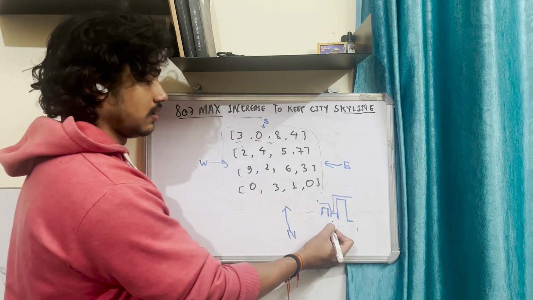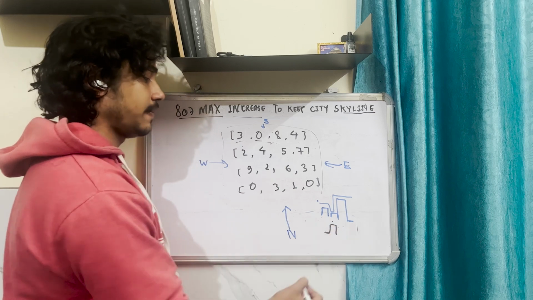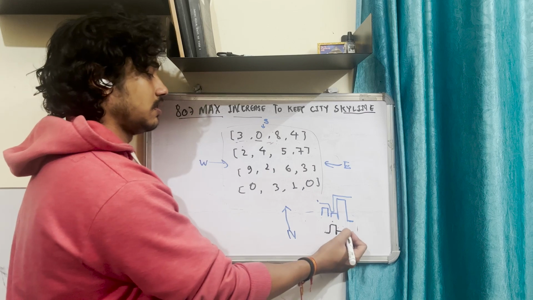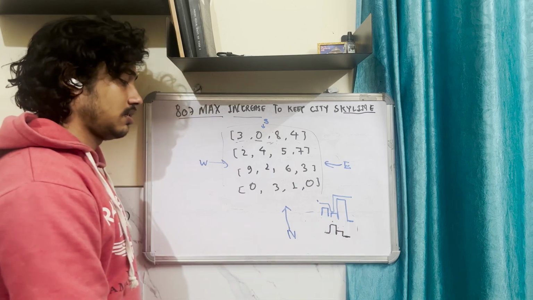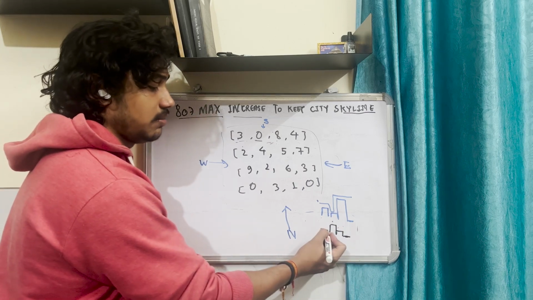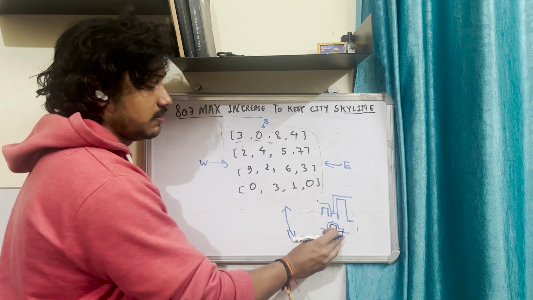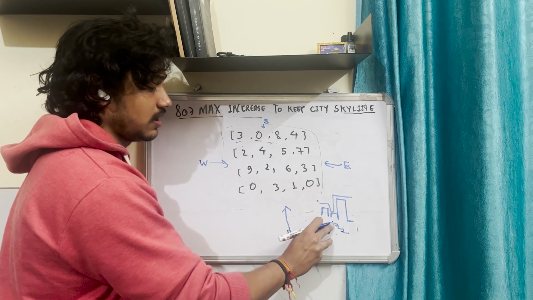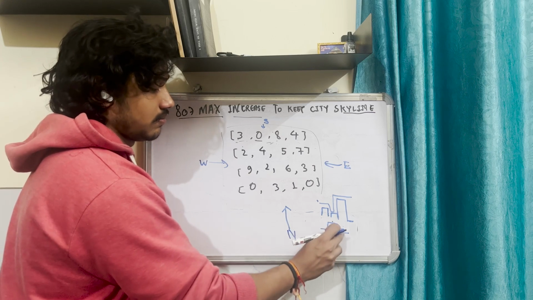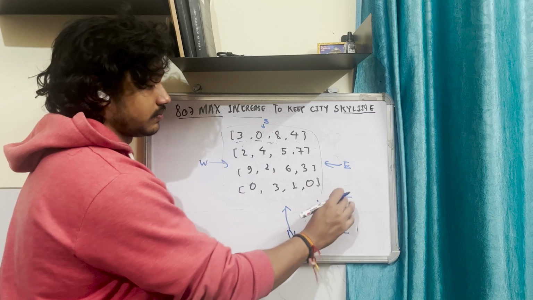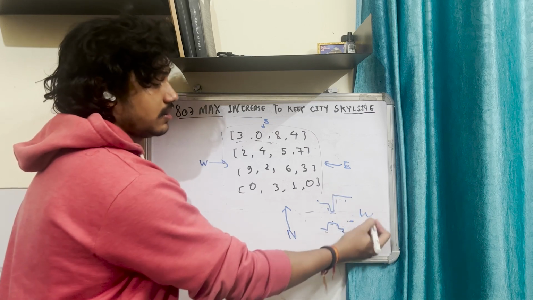Nothing. 3 will be high, and 1 which can be this much, and 0 which is nothing. So your skyline will be this. Let me rub this building so you can see it more clearly. This was from west, this is from north.